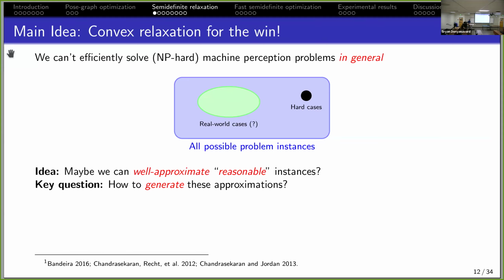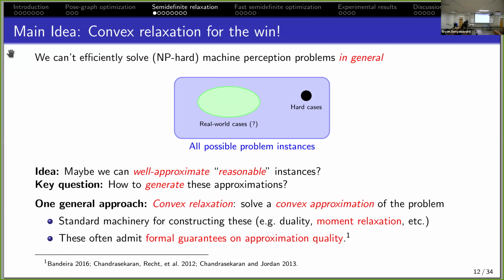So the main technique that my group has been getting a lot of mileage out of recently is something called convex relaxation. And the idea here basically is instead of trying to solve the original problem, we're going to solve a convex approximation. This is nice because oftentimes there's standard machinery for constructing these, which I'll talk about momentarily. And convex optimization is super nice, it's a lot easier to analyze properties of convex optimization problems than non-convex ones.